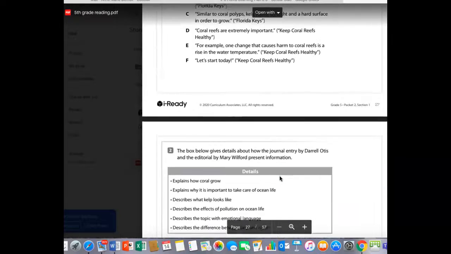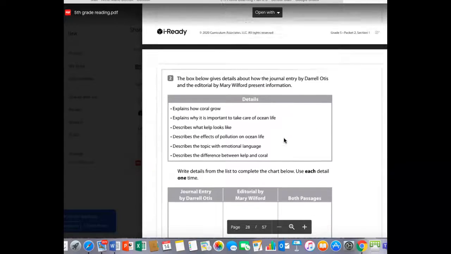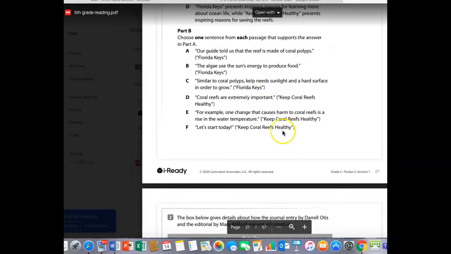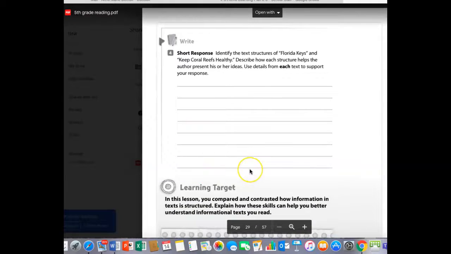So that structure is cause and effect, and you want to support that with details. And again, we already went through that here, so looking back should help you as well.